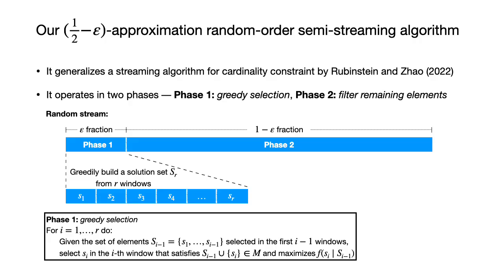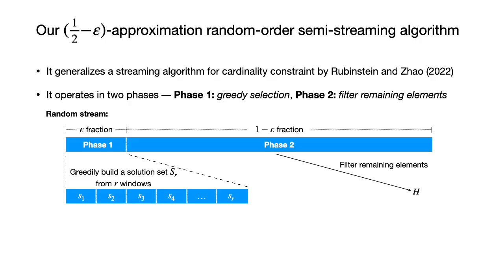In the ith window, given the set of elements that have already been selected in the first i-1 windows, we look at each element in the ith window that can be added to the solution set without violating the Matroid constraint, and we select the element that has the largest marginal contribution to the elements that have already been selected in the first i-1 windows.